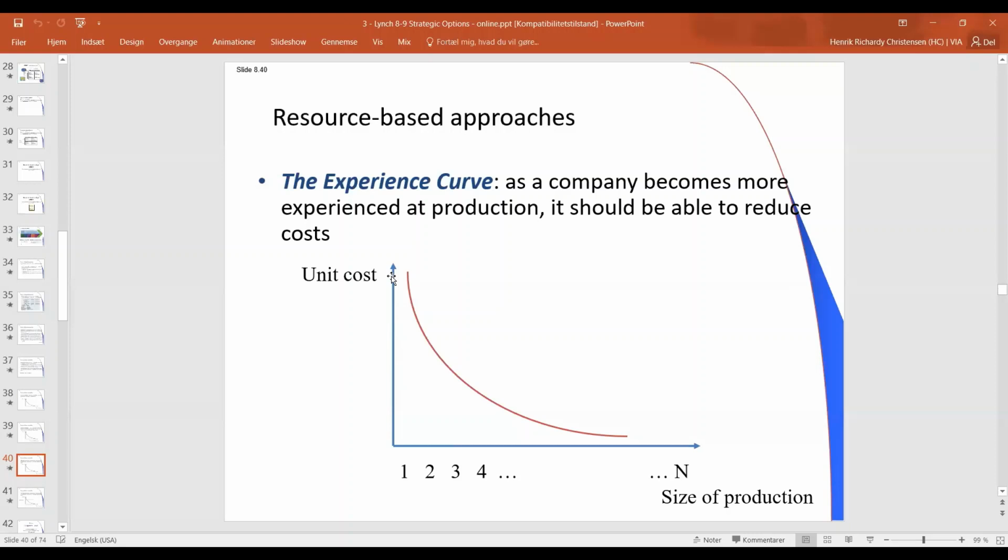Now, the labor cost is interesting here because the experience curve is about people being experienced at what they are doing, at producing. So when you have produced your first pizza, you have gained a little knowledge about how to do it. So the next pizza you produce, number 2, you might be able to do it a little bit faster than you did the first one.